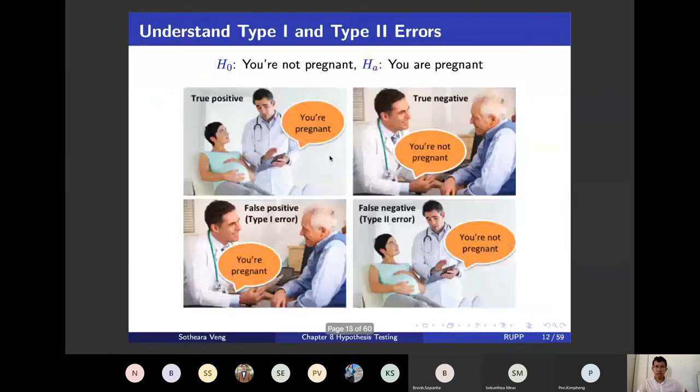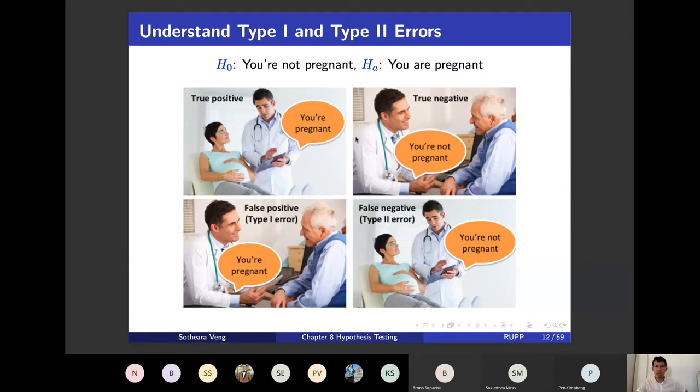Maybe it's more convenient to explain using this. Suppose that this is one hypothesis, and this is the null, I'm sorry, the alternative hypothesis.